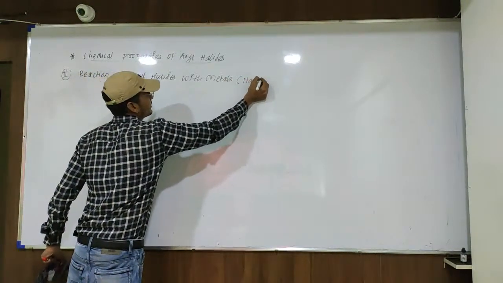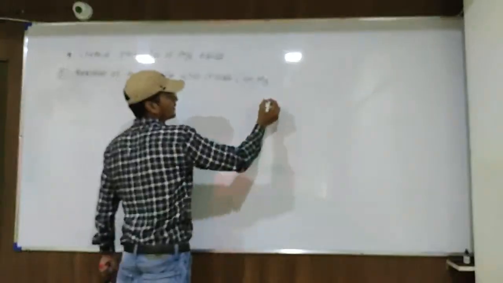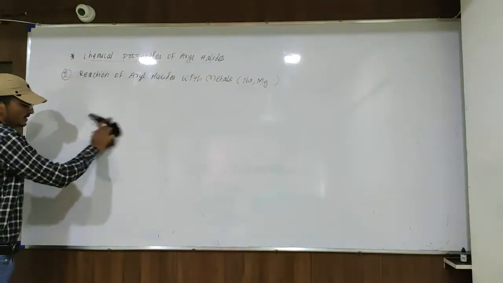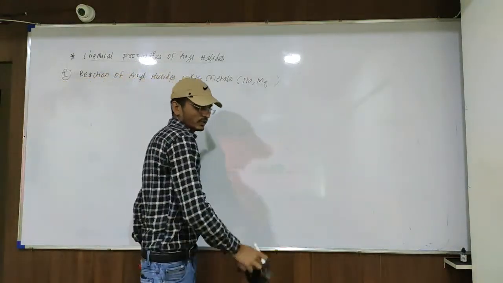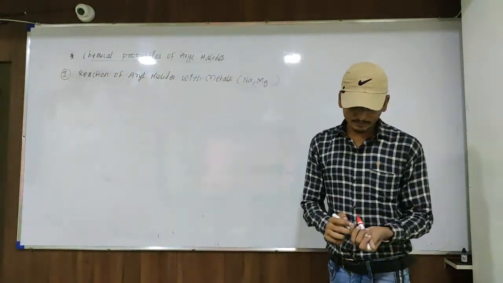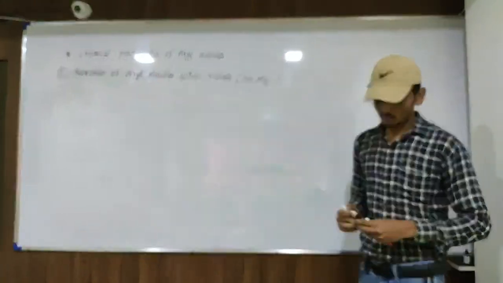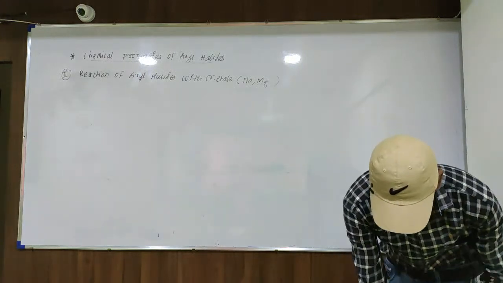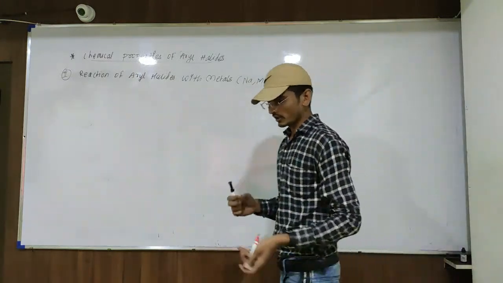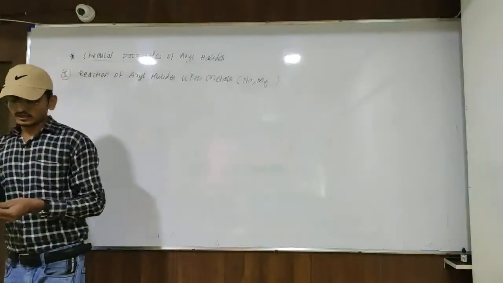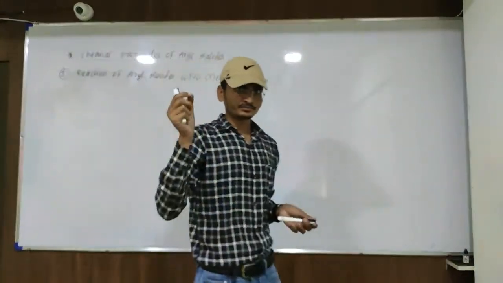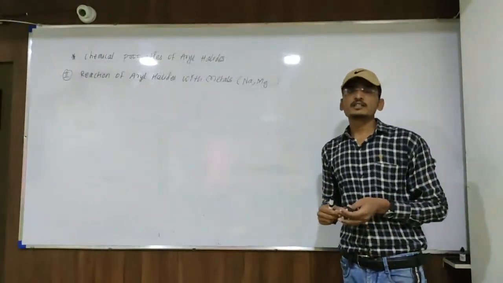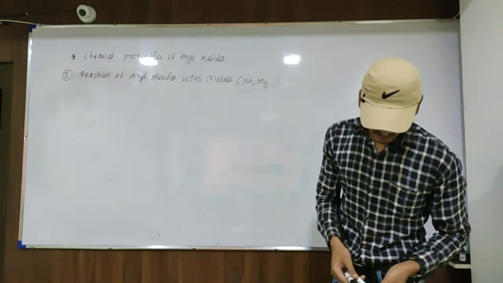So we consider here two metals only, sodium and magnesium. Sometimes we can take lithium, which also shows the reaction with aryl halides. But in your syllabus only two metals, sodium and magnesium. Okay, so you know very well when alkyl halides react with sodium metal, at that time the reaction is called the Wurtz reaction, sometimes called the Wurtz synthesis.